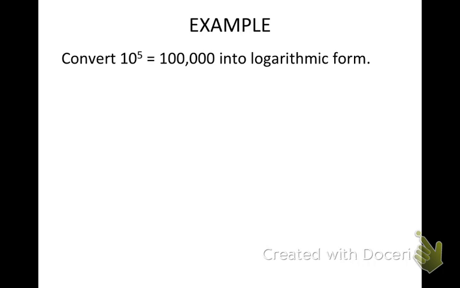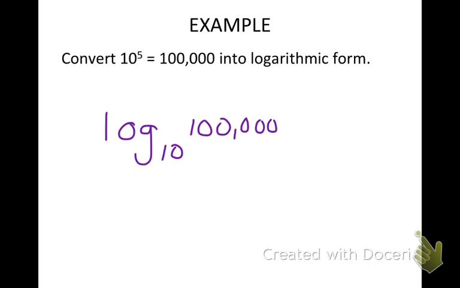If we had 10 to the 5th equals 100,000, what would that look like in logarithmic form? So it would be my base of my log, log base 10, and the number attached to that, 100,000, is equal to 5. So again, we're thinking 10 to what power is 100,000?